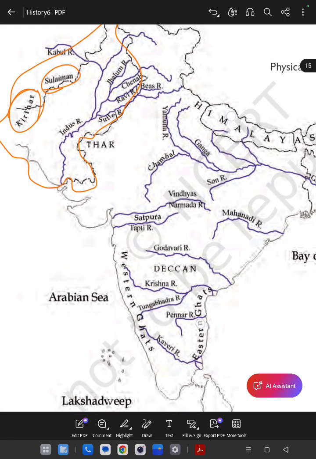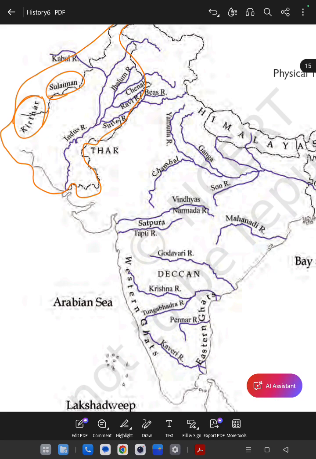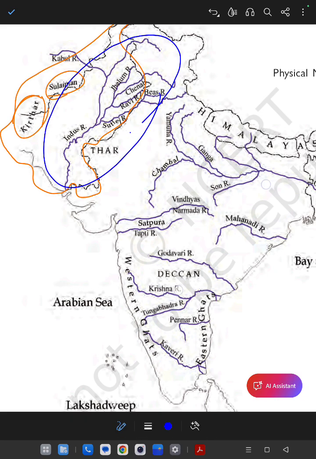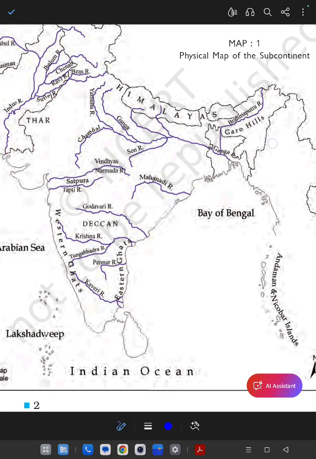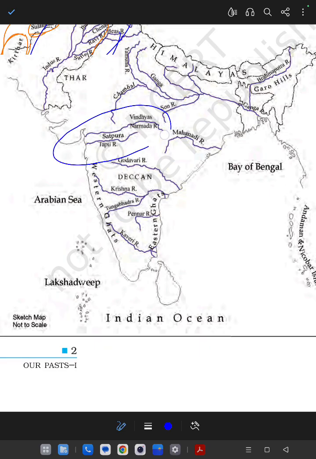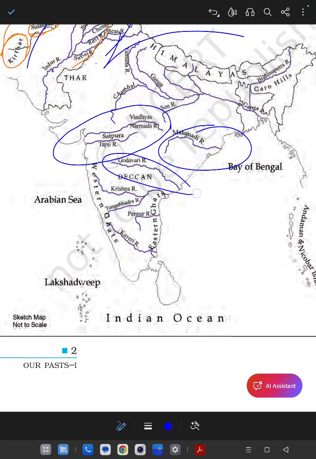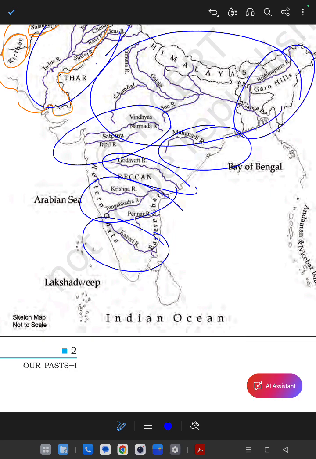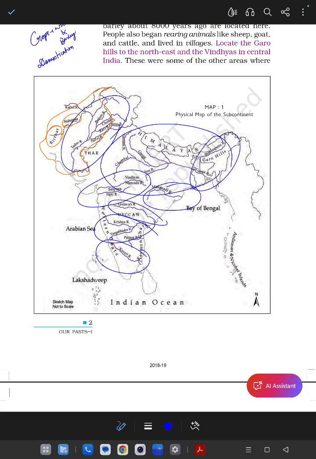We have to learn each and every detail of every river: the Indus river system, the Ganga river system, the Brahmaputra river system, the Narmada river system, Mahanadi, Godavari, Krishna, Kaveri. All these river systems we will learn, but after a period of time I will come to these topics in detail. So let's first cover this chapter now.